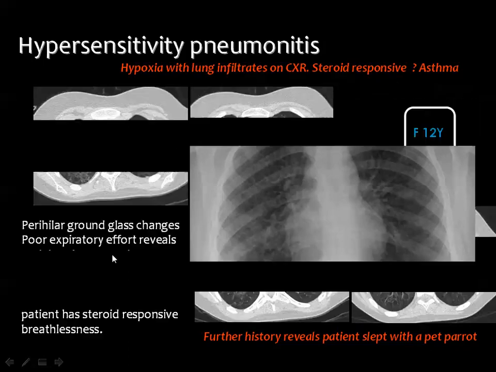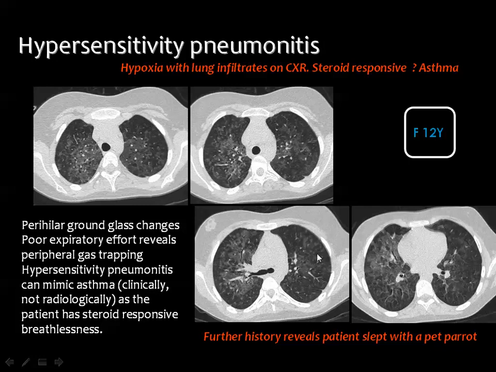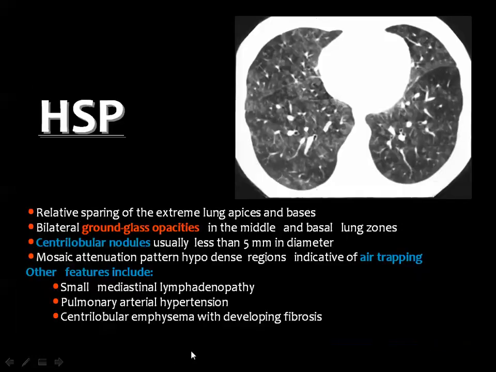By high resolution CT, you can see the classic appearance of diffuse ground glass pattern with areas of air trap and areas of normal lung, and this is helpful in the diagnosis of hypersensitivity pneumonitis.